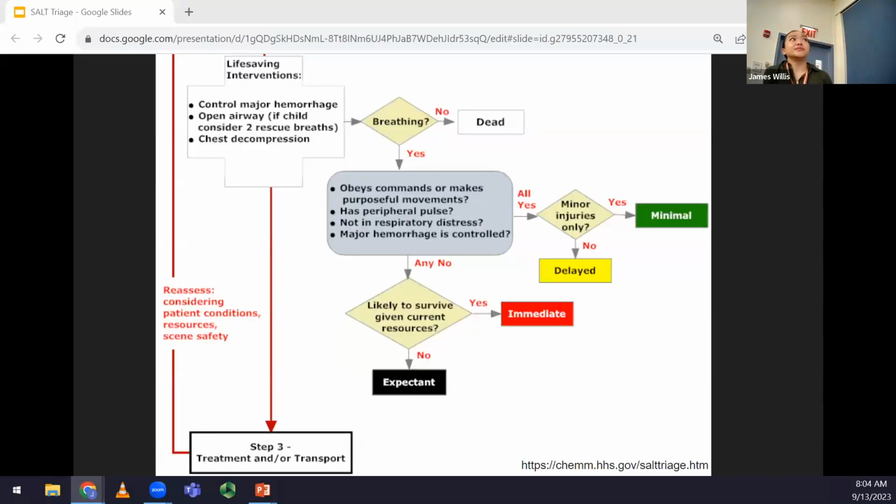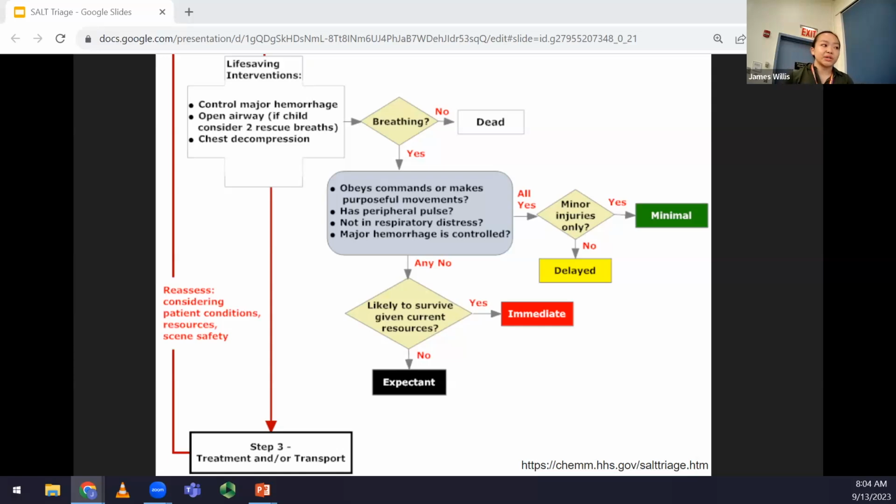So this is a diagram. After you do any life-saving interventions, you assess if they are breathing or not after your intervention. If they are not, then they're dead, as part of the SALT. And then if they are breathing, you go down to the gray box. Are they obeying commands and making purposeful movements? Do they have a peripheral pulse?